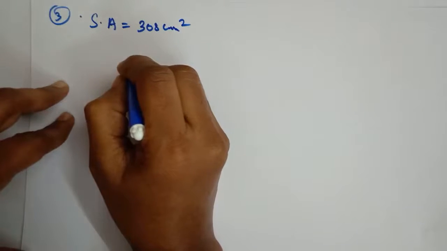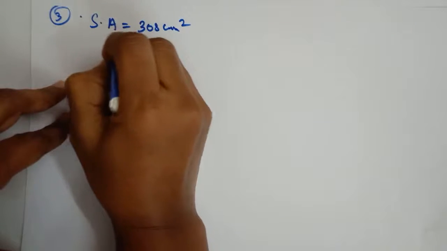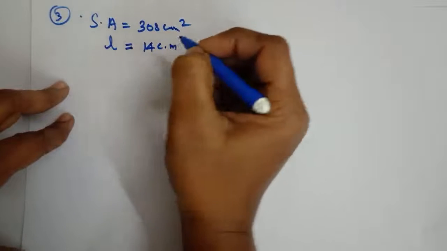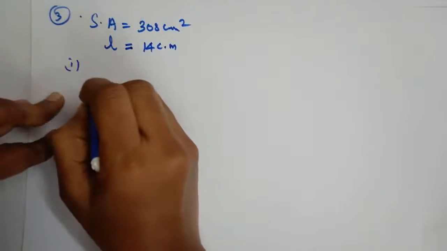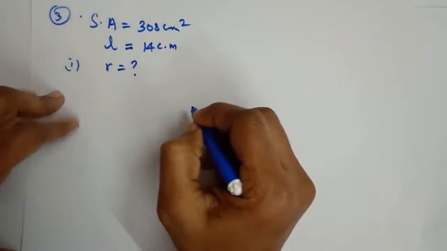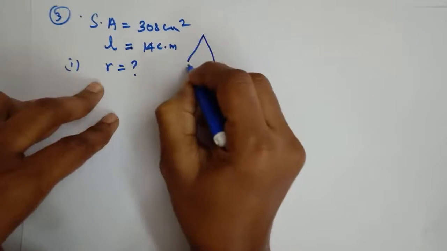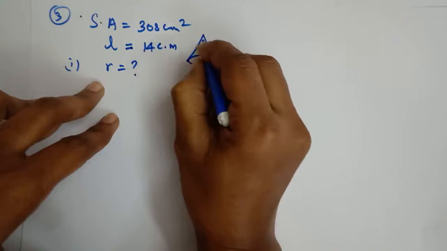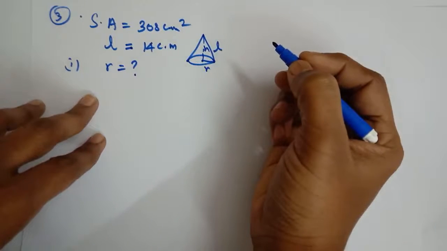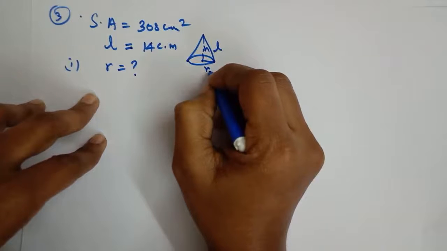Then slant height, that means L, is equal to 14 centimeter. First we have to find the radius of the base.